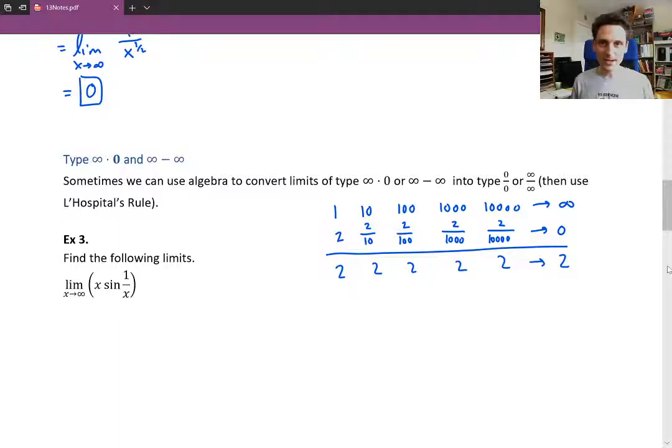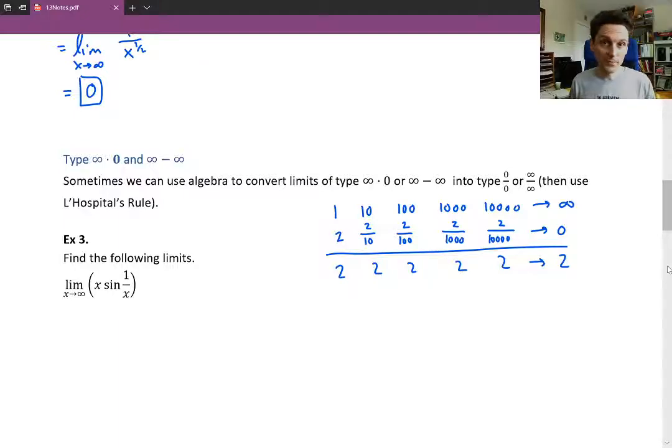You can start to see why this is indeterminate. If you have a limit where one set of numbers is approaching infinity, the other set of numbers is approaching 0, and you're multiplying those pairs of numbers together, it's hard to know what's happening exactly. Maybe they all multiply to 1. Maybe they all multiply to 2. You can imagine they could all multiply to 3.